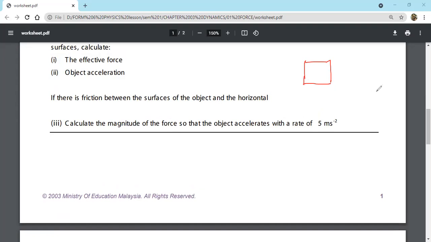Calculate the magnitude of the force so that the object accelerates with a equal to 5 ms^-2. What is the magnitude of the force exerted on it? And what is the frictional force?